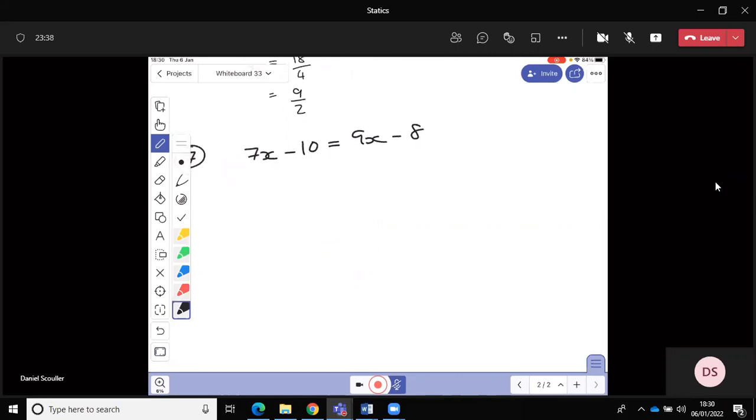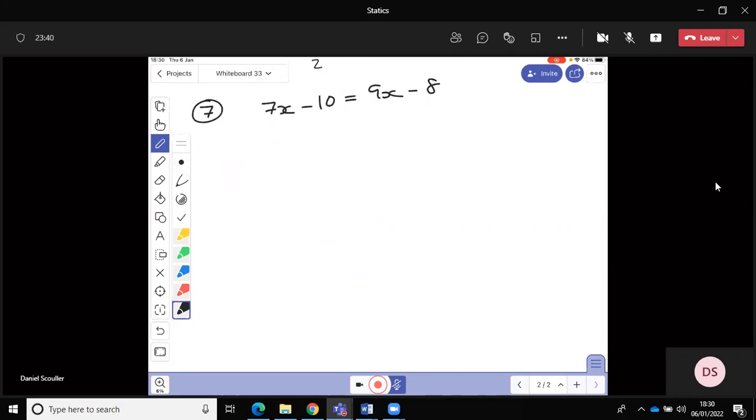If we get asked to solve for x, we want to bring all the x's over to one side and all the numerical values, all the whole numbers, over to the other. So that negative 10 moves over to the right hand side, and that 9x moves over to the left.